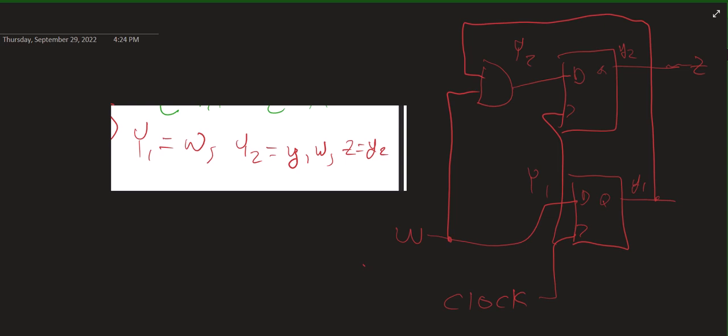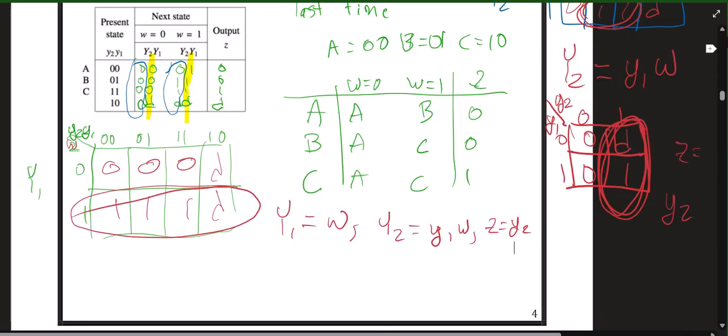So why exactly would we only have 2 flip-flops again? You look at the number of bits that you use. Oh, so because it's Y1 and Y2? Yes. One of them gives you your Y1 and one gives you your Y2. Right, exactly.